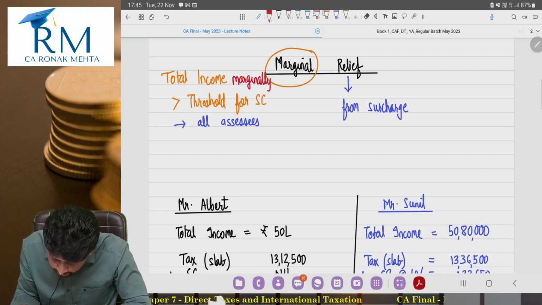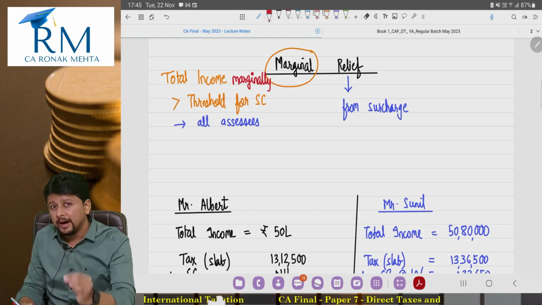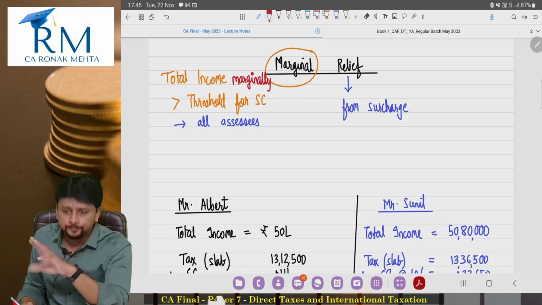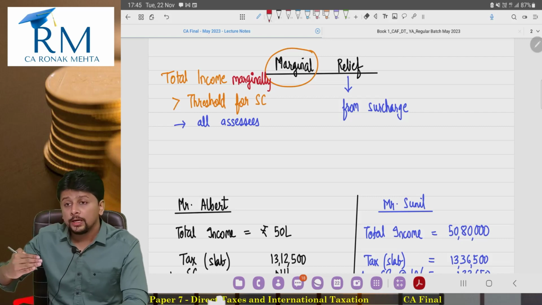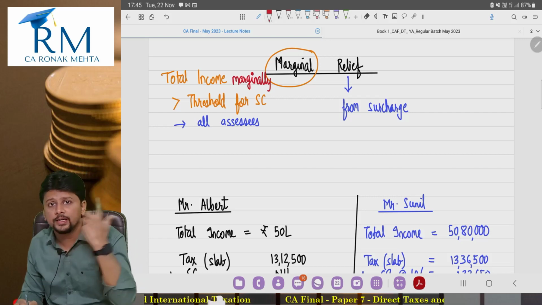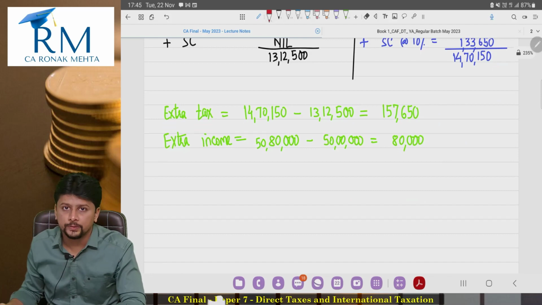That's why the relief is called marginal relief. Total income marginally exceeds the threshold, and that is why surcharge got attracted. But it created this type of a situation.